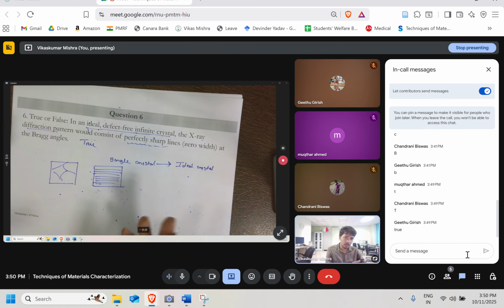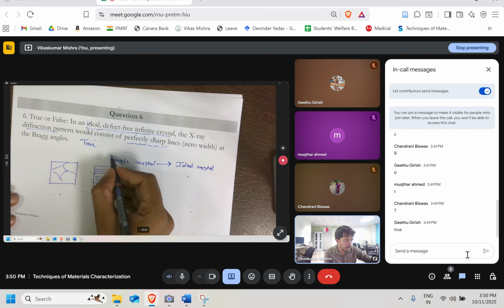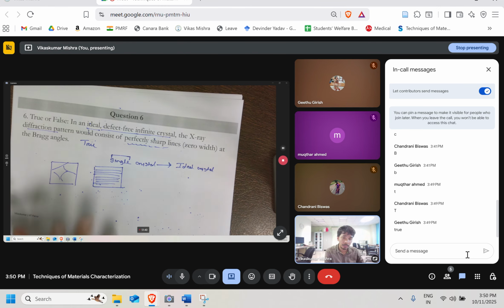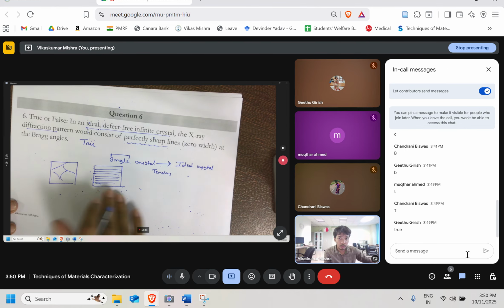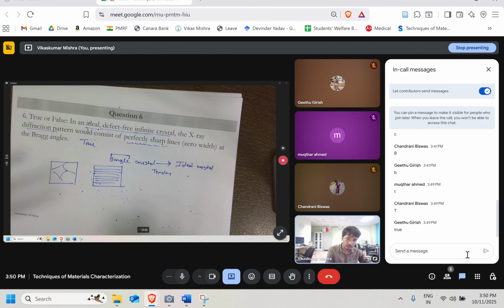When I say no grain boundary, I'm referring to high angle grain boundaries. Certain defects will still be there even in a single crystal, which can affect it. That's why I'm saying it's tending toward the ideal crystal. It will try to achieve it, but it won't be able to do so.